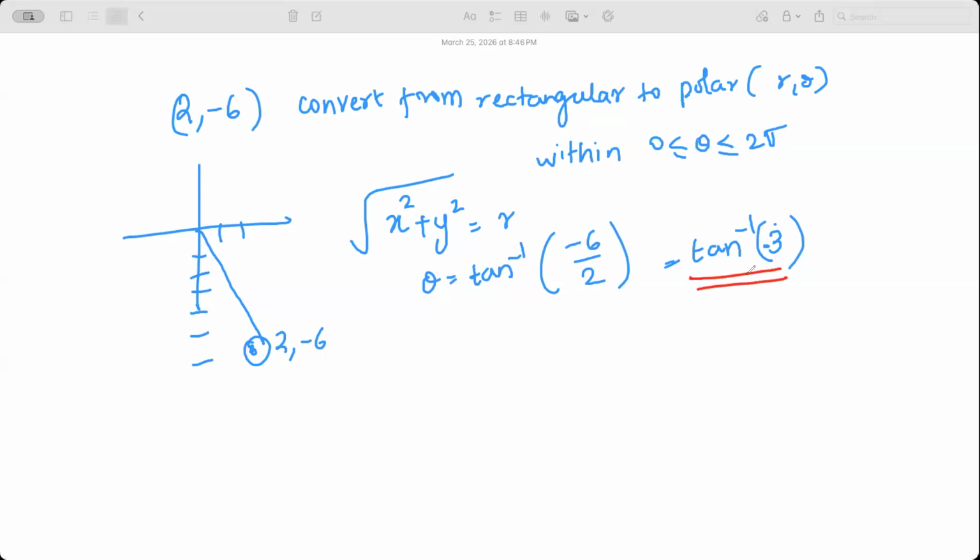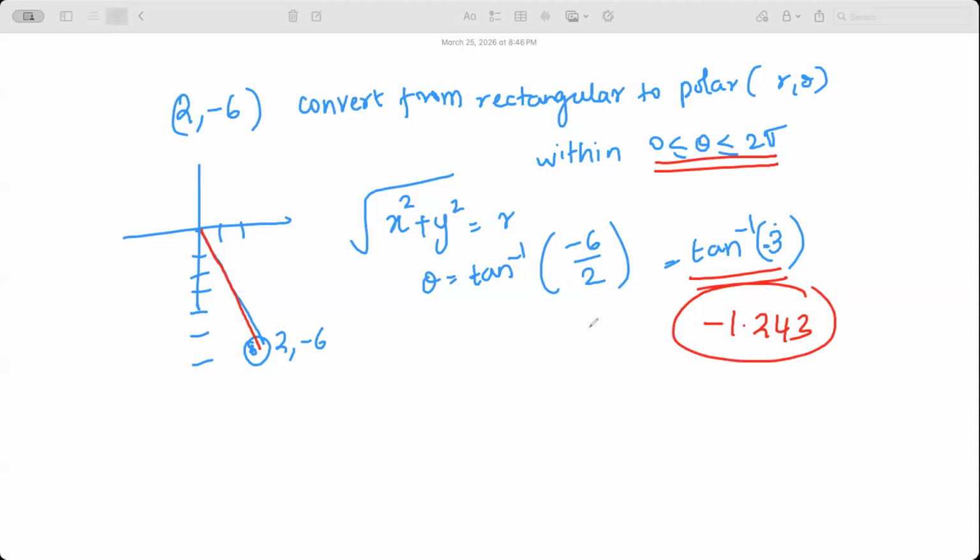Let's do it together. Tan inverse of minus 3 is what? It's negative 1.249. Yes, it is in this quadrant. 2 comma minus 6 is technically in the fourth quadrant, but the problem is you have to find angles within 0 to 2 pi.